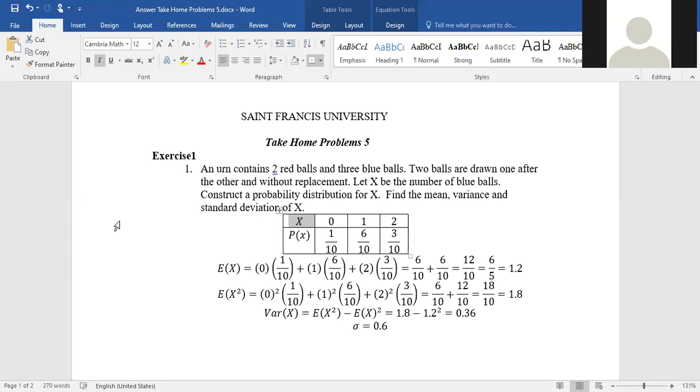Just the same as 1/2. And if the first is red, what is the probability that the second is blue? 3/4, because we do not return, so the number of balls has reduced to 4.